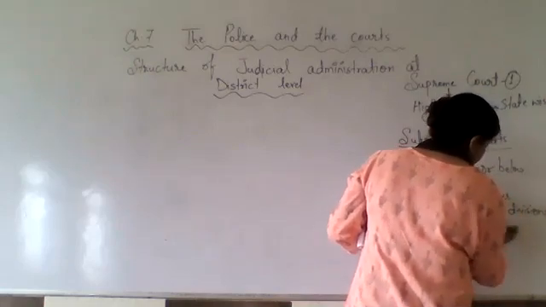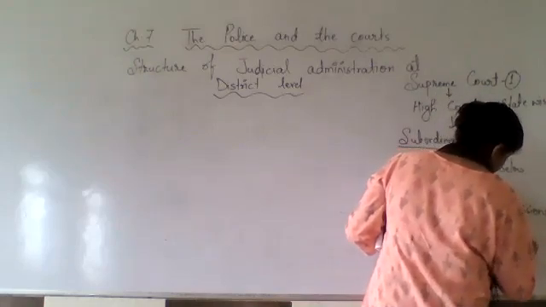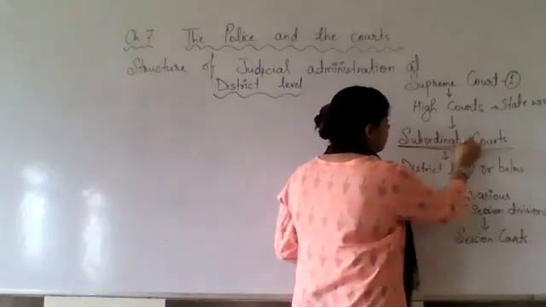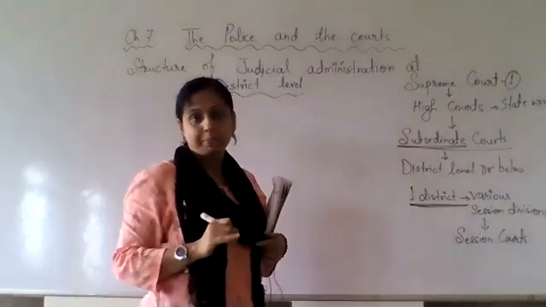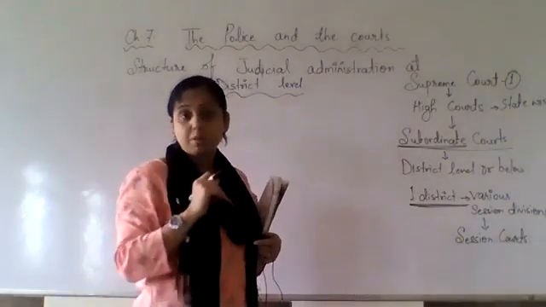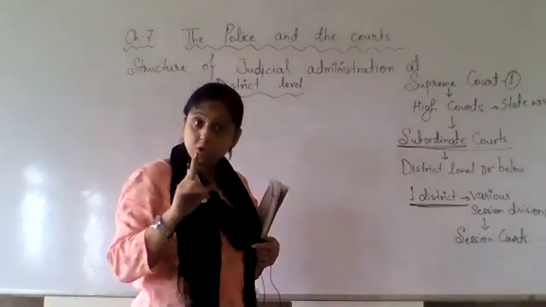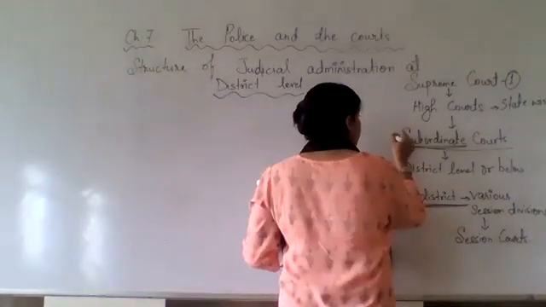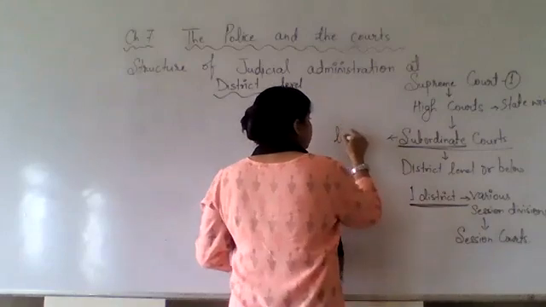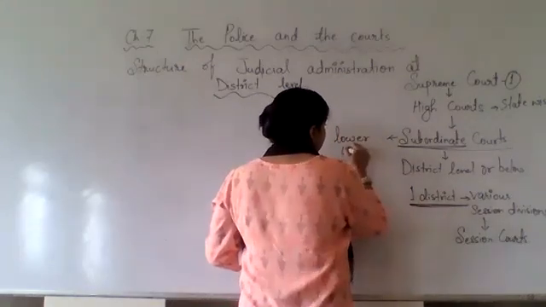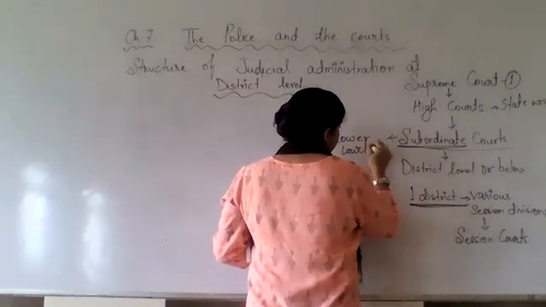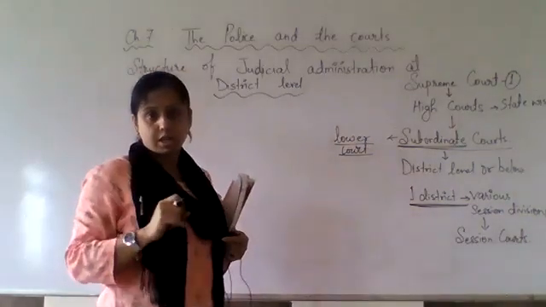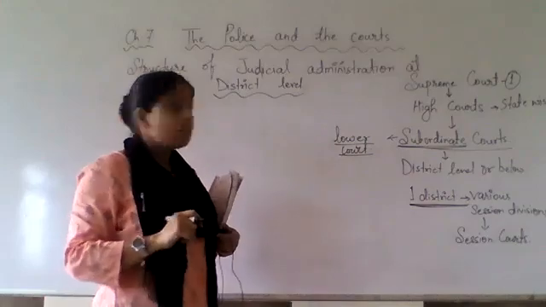Now see, why is it called subordinate? It is called subordinate and it is also called lower courts. Subordinate courts are also called lower courts, the lowest body of the judicial administrative system, right?